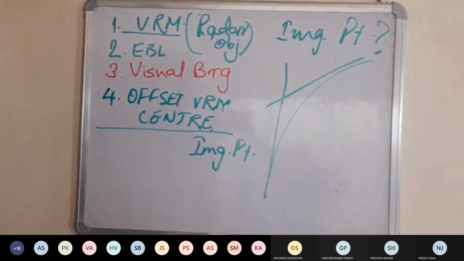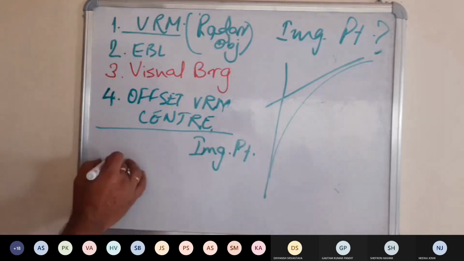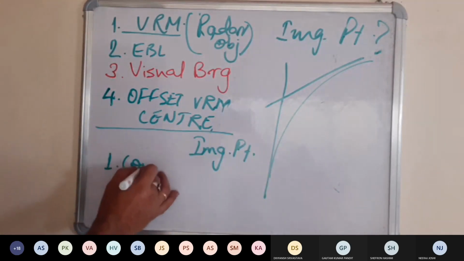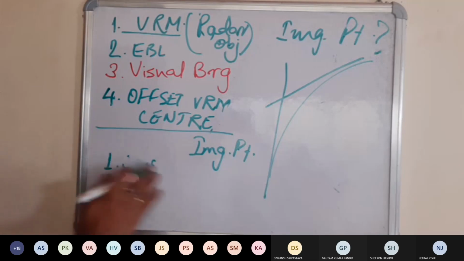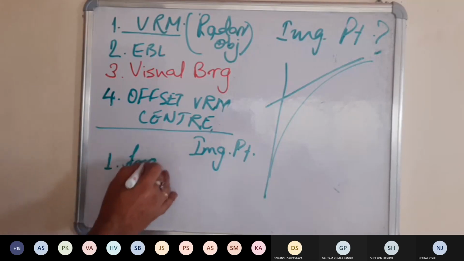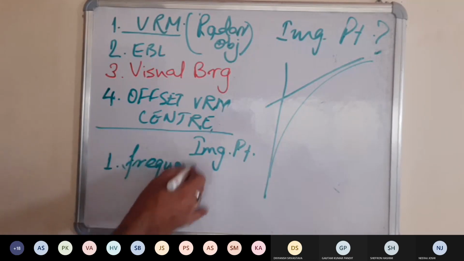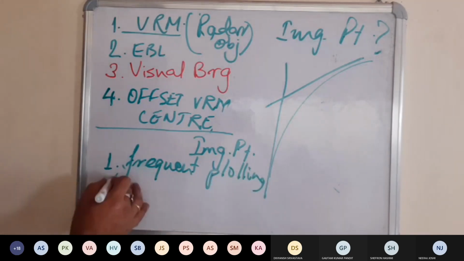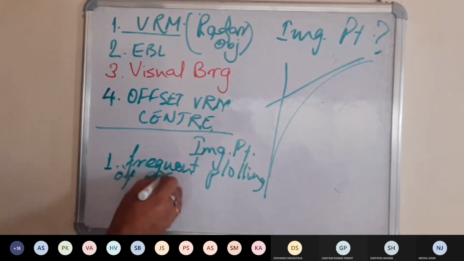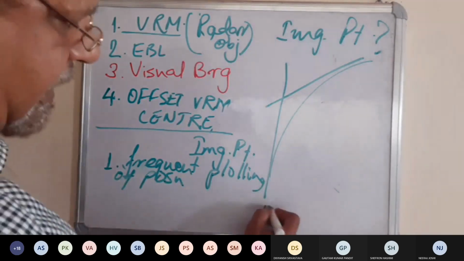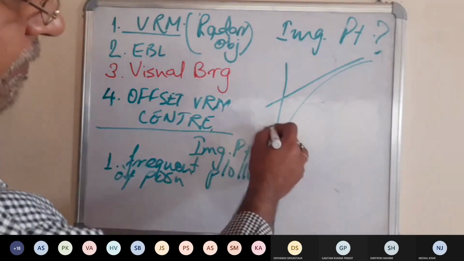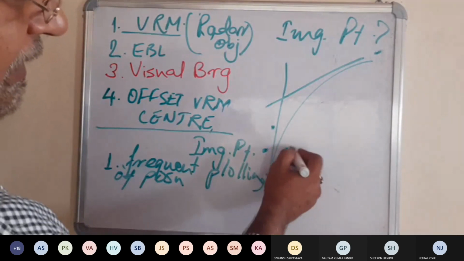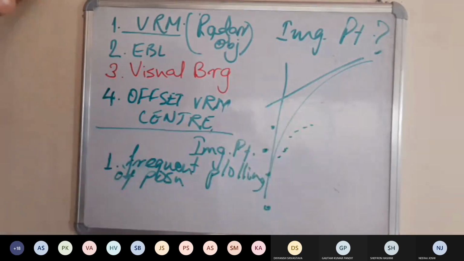मैं VRM रखूंगा तो मैच किससे करूंगा, EBL करूंगा तो किससे करूंगा? So number 1 is frequent plotting of position, just by seeing कि अभी जहाज कहाँ है, बाहर जा रही है तो ROT बढ़ाइए, अगर भीतर जा रही है तो ROT कम कीजिए.